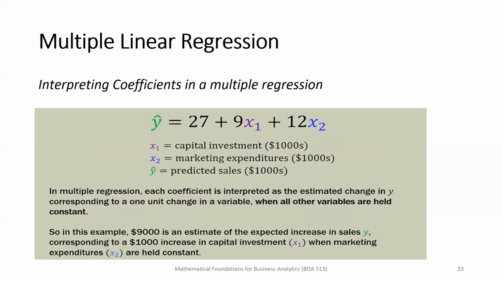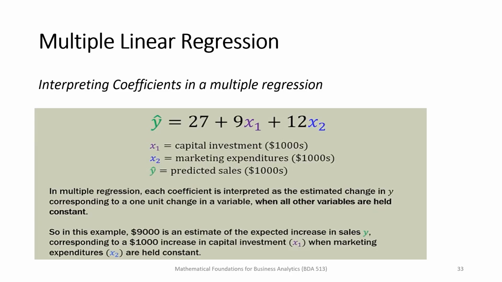X2 relates to marketing expenditure in thousands of dollars. And then the Y hat is the predicted sales in thousands of dollars. In multiple regression, each coefficient is interpreted as the estimated change in Y corresponding to one unit change in a variable when all other variables are held constant.